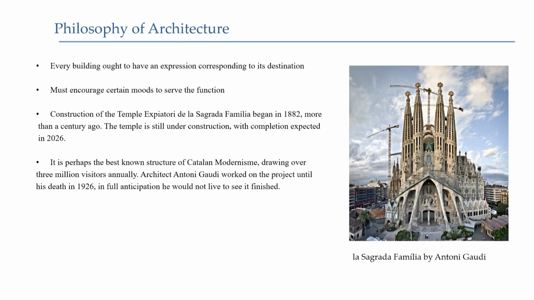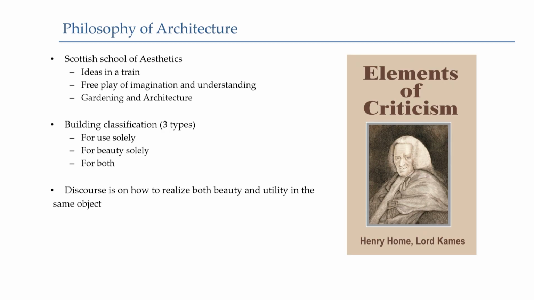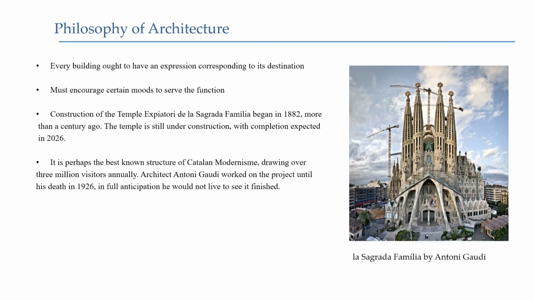But before we go to this, the Scottish School of Aesthetics and Henry Home Lord Kames said that every building ought to have an expression corresponding to its destination. So, if it is a church, a temple or a religious place of worship, what kind of state of mind would it expect those who visit such places to have?